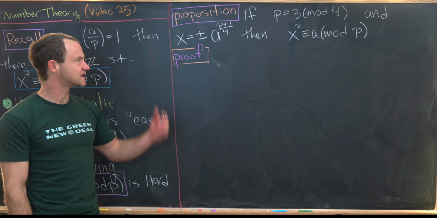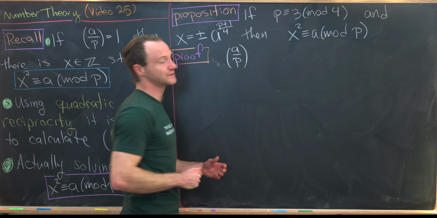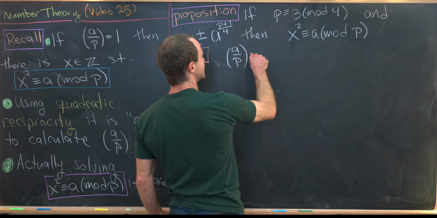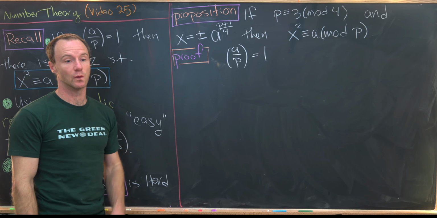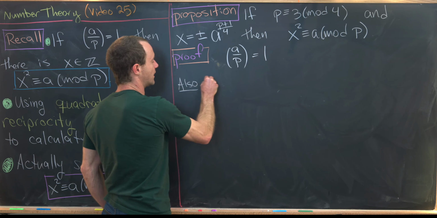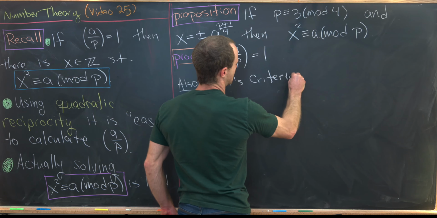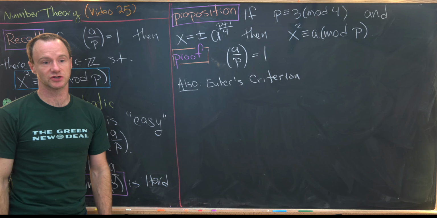Let's start with the underlying assumption that a is a quadratic residue. Otherwise, we can't really get off the ground. So in other words, the Legendre symbol of a and p is 1. But then also, by Euler's criterion, which we proved in a previous video, there's another way to calculate the Legendre symbol.